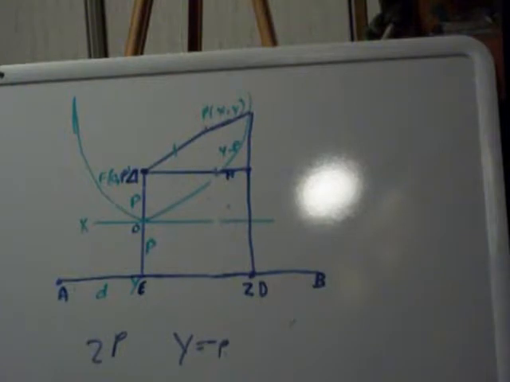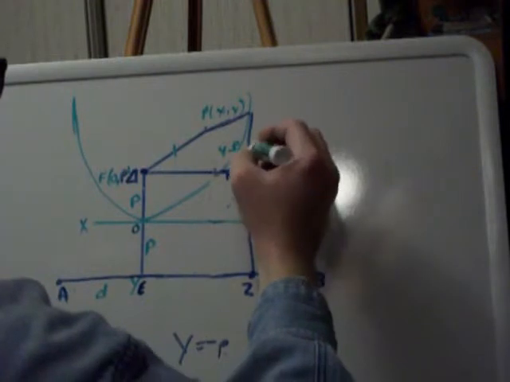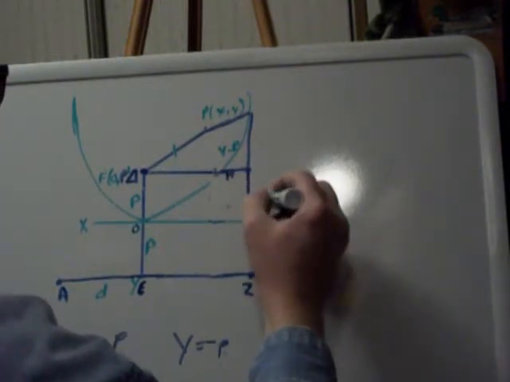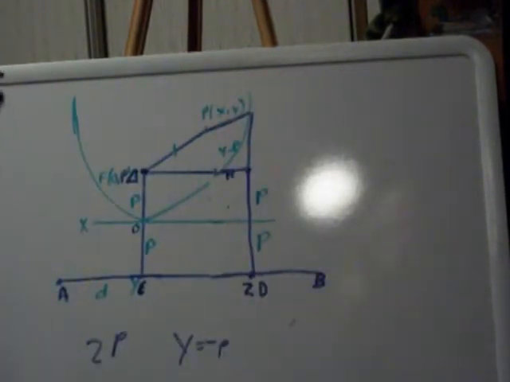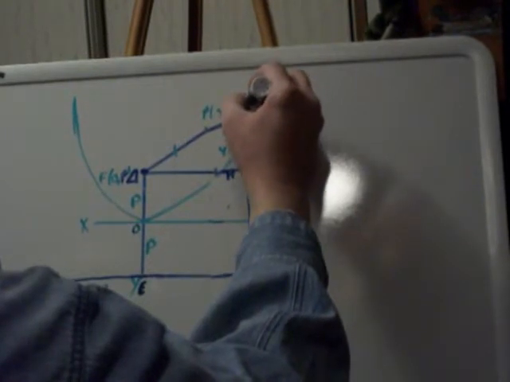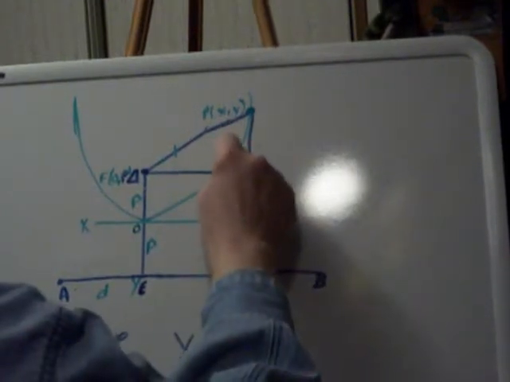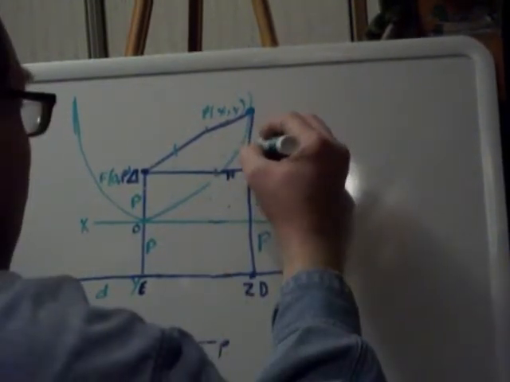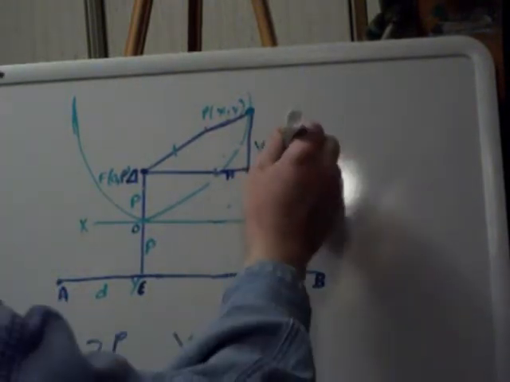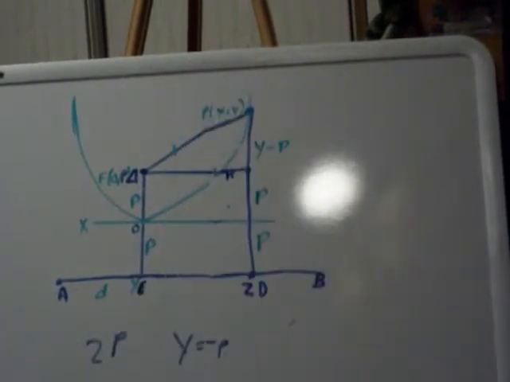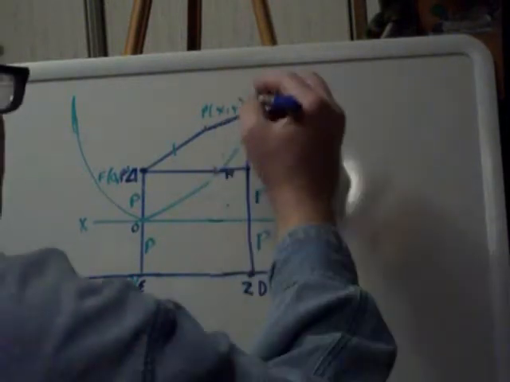I'm going to draw these in with green. This is the distance of capital P, and this dot right here is capital P. And if we wanted to get more specific, y minus p would be up there. Now this particular p right here is a lowercase. This was an uppercase.